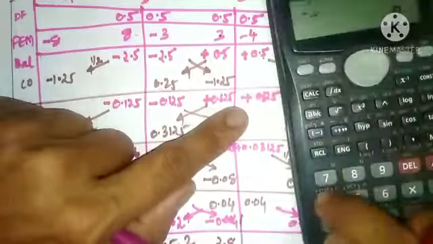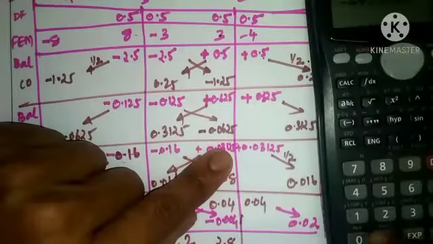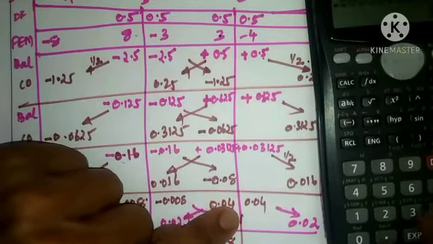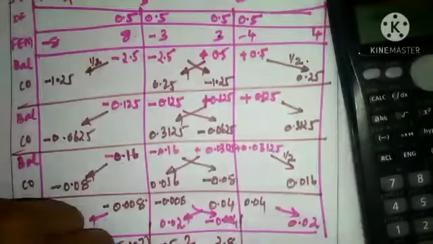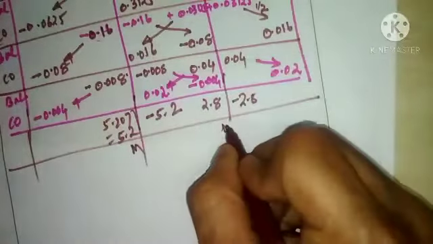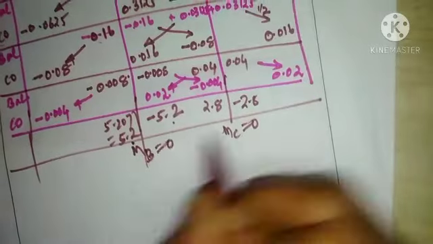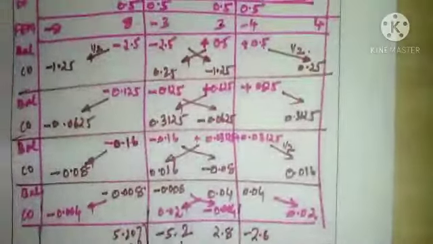Likewise here, minus 4 plus 0.5 plus 0.625 plus 0.03125 plus 0.04, which shall come as minus 2.8. So both the values, plus 2.8 minus 2.8, net moment at C is 0, 5.2 minus 5.2, net moment at B is 0.